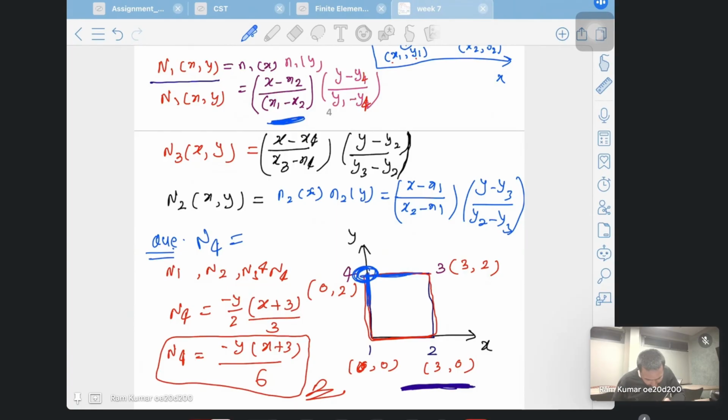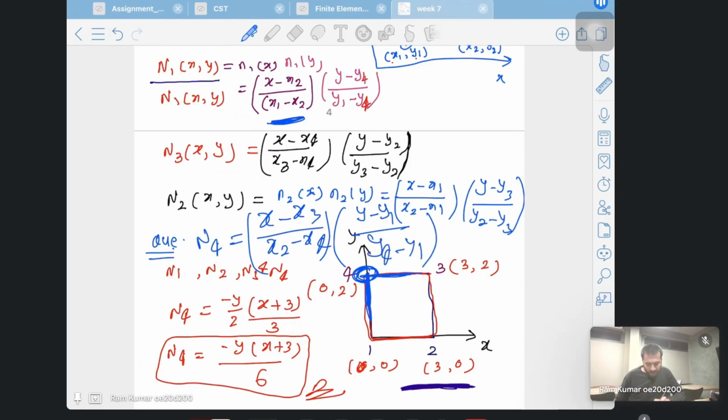First I will write x: (x minus x3) by (x3 minus x4). Then what will be y? It is (y minus y1) by (y4 minus y1). After putting in the values, you will get this n4.